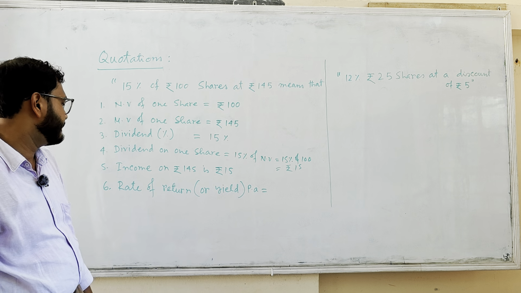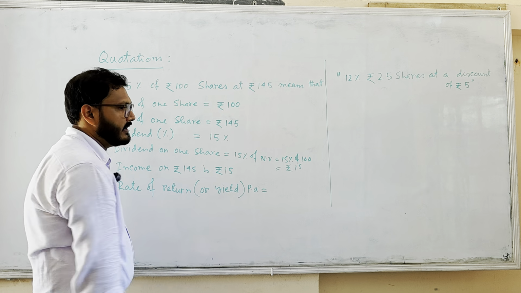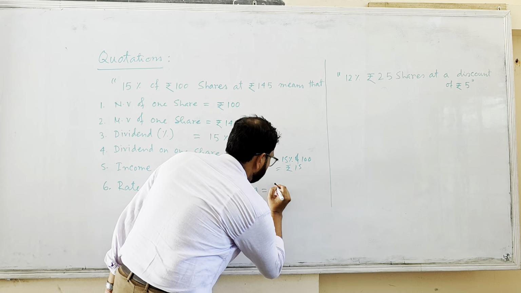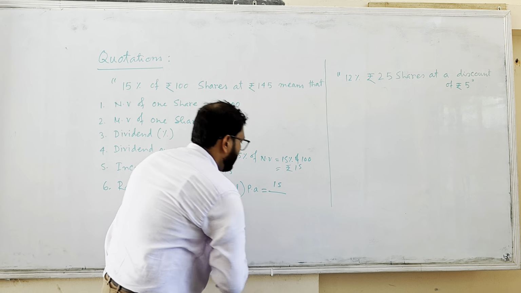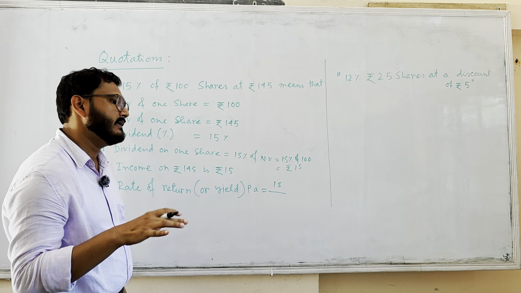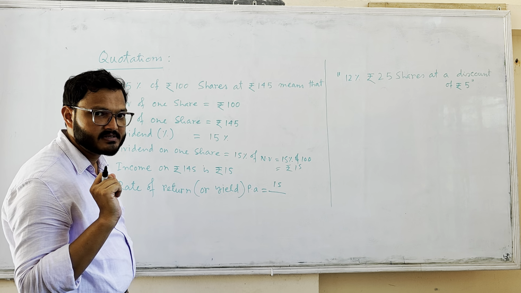I hope it's clear. And the rate of return or yield per annum. What is the rate of return? How much is my income, that is 15 rupees, and I invested 145 rupees.